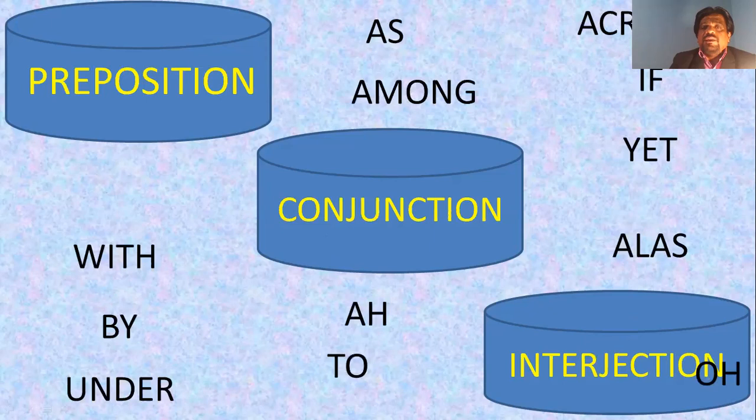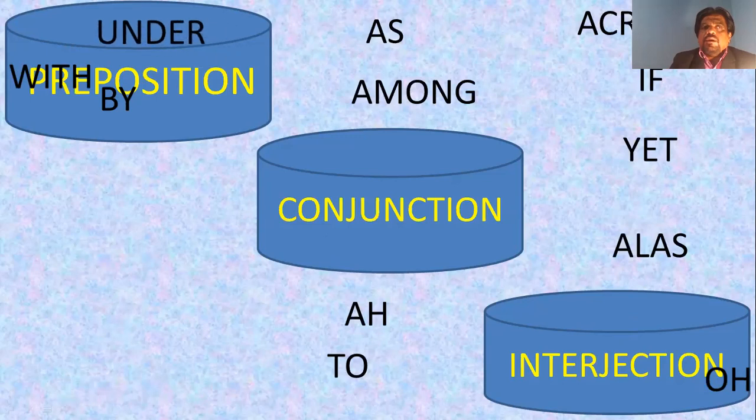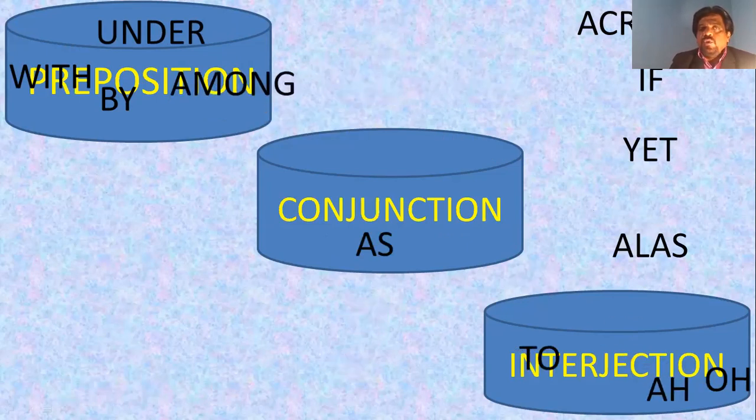Oh, it is an interjection, an emotion expressing word. With is a preposition. And by is also a preposition. And under comes under the category of preposition. As is a conjunction, joining two parts of a sentence. Among is a preposition. Oh is an interjection.